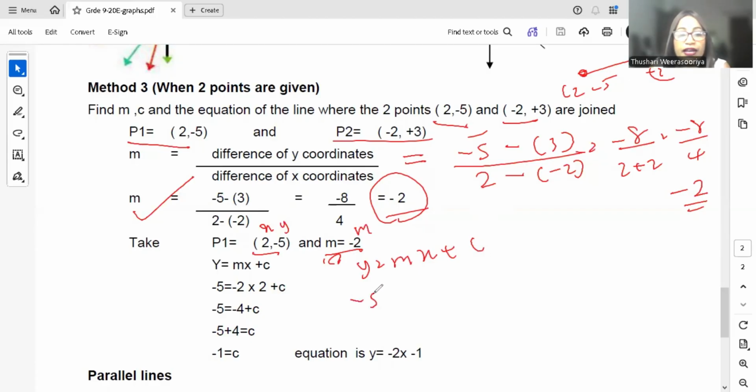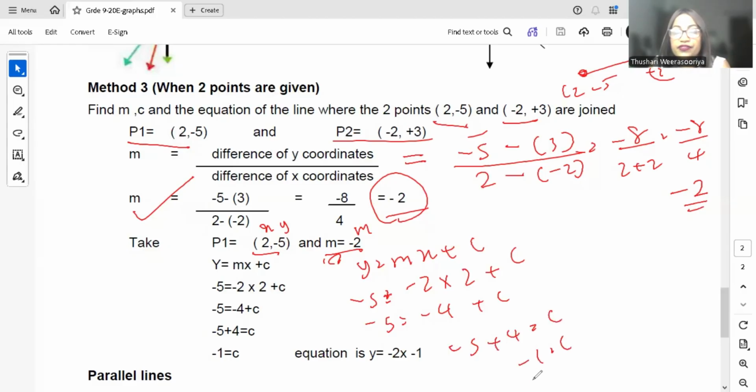Y is -5, m is -2, x is 2. Then from this equation, you can find c. -5 equals -4 plus c. Then take it to the other side: -5 plus 4 equals c. Then c is -1. Now we have found m: m equals -2 and c equals -1.